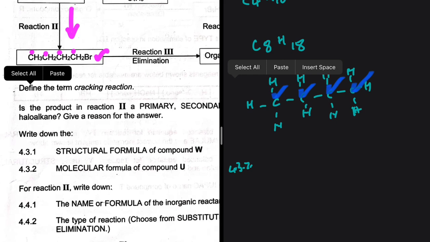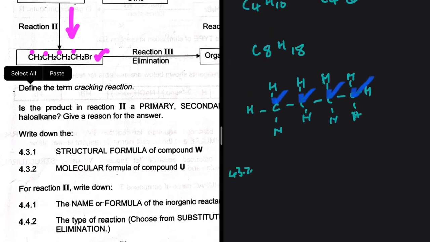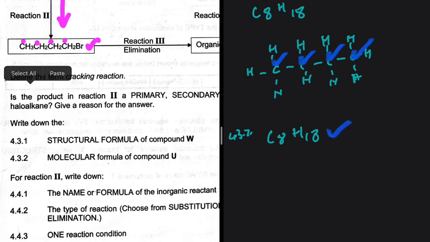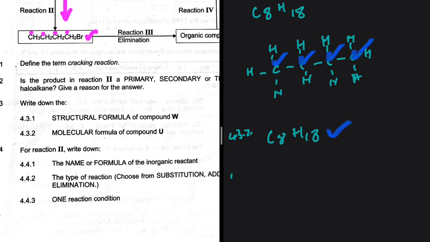So it should be impossible to get 4.3.2 wrong if you got 4.3.1 right, because how else are you supposed to get 4.3.2 without getting 4.3.1 right? But anyway, 4.3.2, we said that it is C8H18. What does the question say? Molecular formula, right? So we can write it like that and leave it like that, because the question is looking for the molecular formula.